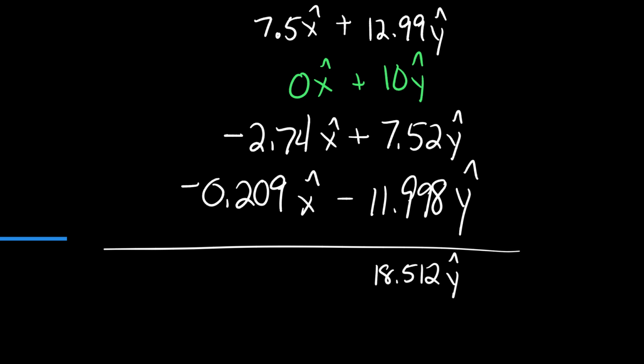All right, going on to the other one. 7.5 plus 0 minus 2.74 minus 0.209 gives me 4.551 in the x hat direction. That is the result of adding all those together.